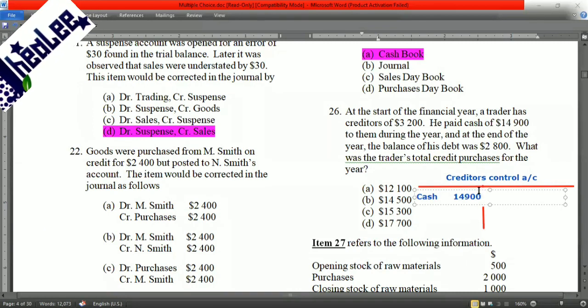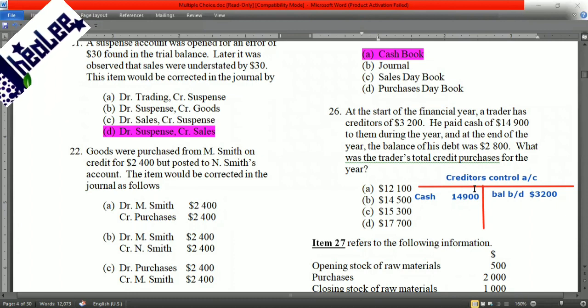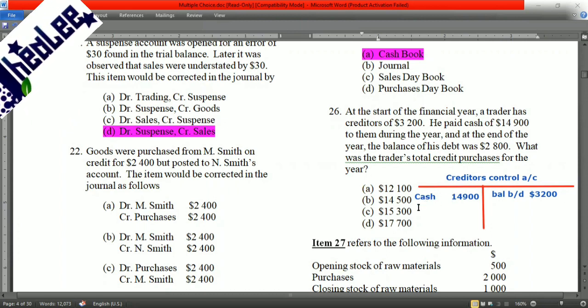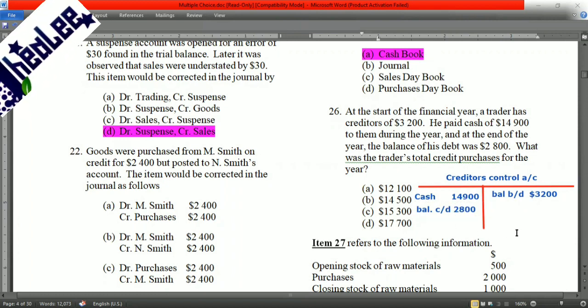Other information presented to us is that at the end of the year, the balance of his debt was 2,800, meaning that there is a credit balance in the account. Because we have to get that credit balance, the balance brought down on the credit side, it means that we're going to debit the balance carried down. So all you're doing is refreshing your memory there on control accounts. And those are the three figures that were presented to us.